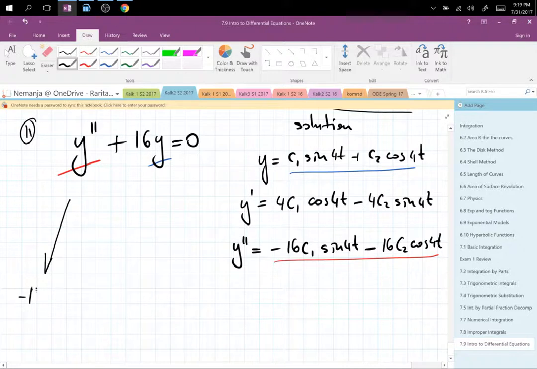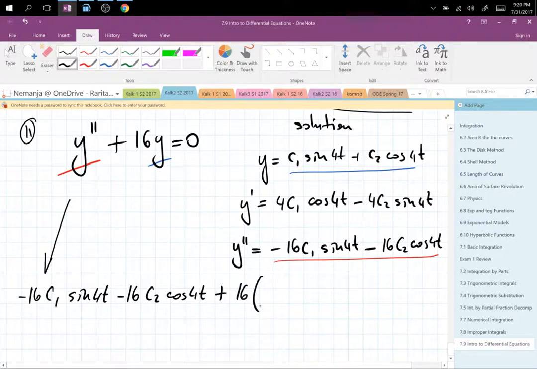So -16c1 sine 4t minus 16c2 cosine 4t plus 16 times (c1 sine 4t plus c2 cosine 4t). Is that equal to 0?